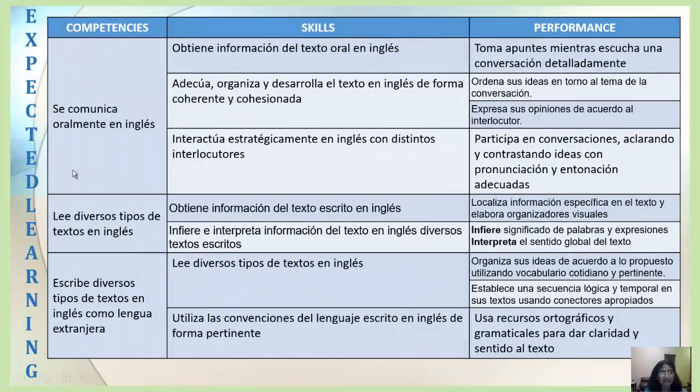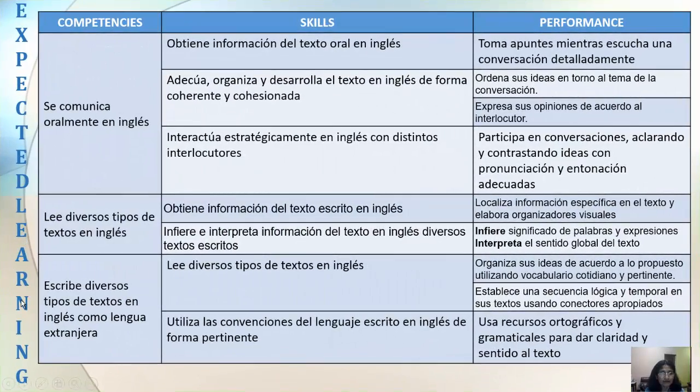Okay, in the expected learning part, which is the first part, in fact, we are going to see the 3 competences that the English area is formed by. For example, for the first one, we have selected these skills to be worked on this term, and this performance, as you can see here.